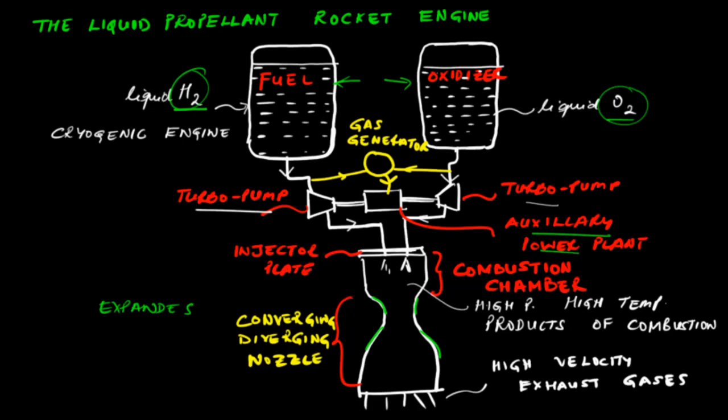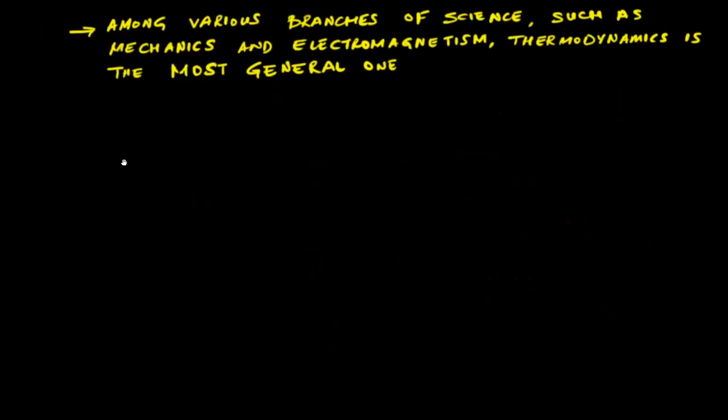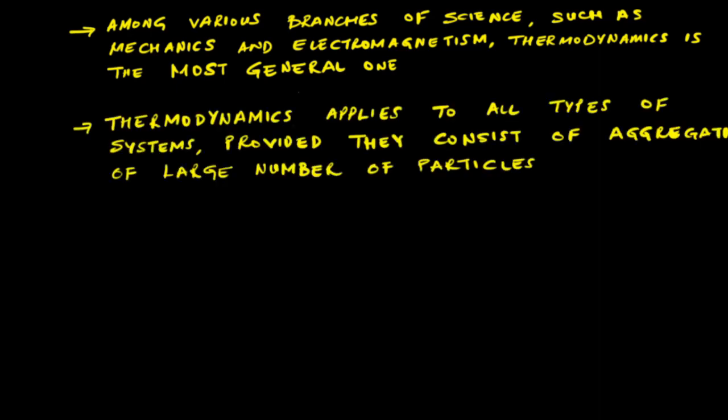Now, with these examples, we can start looking at what thermodynamics is. Thermodynamics is another branch of science, just like mechanics and electromagnetism in physics, but thermodynamics is a bit different. Unlike mechanics and electromagnetism, which apply to specific systems, thermodynamics is a more general one.